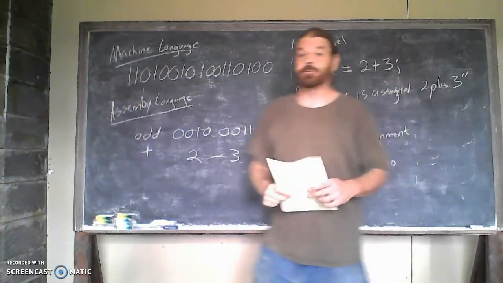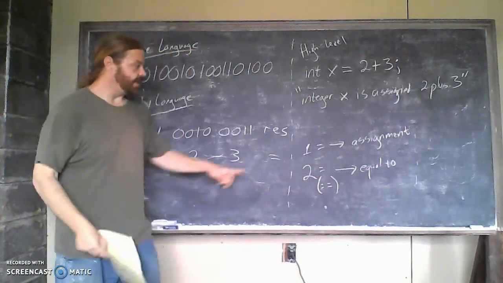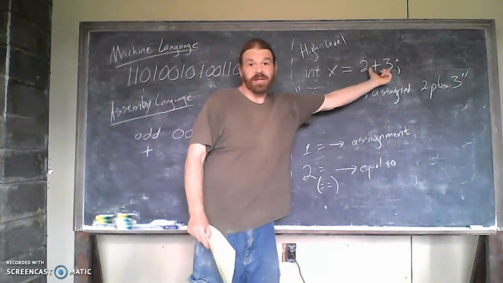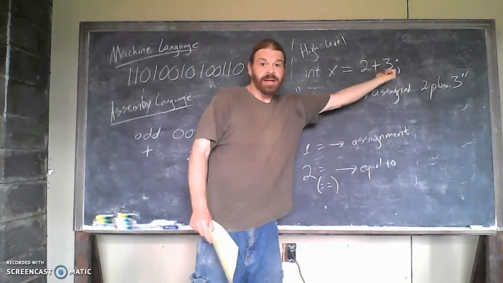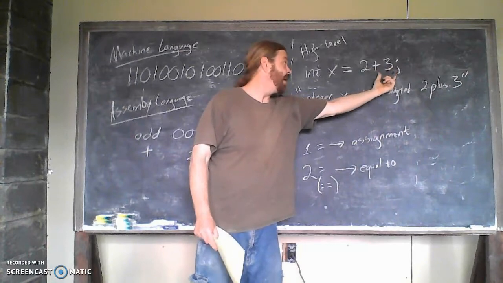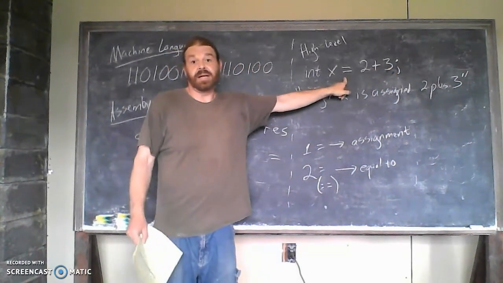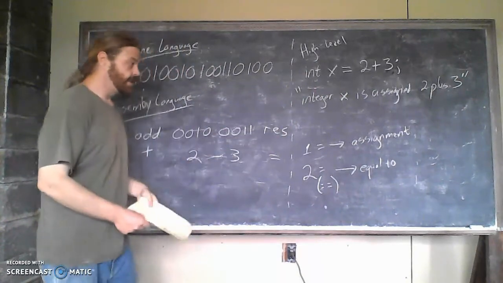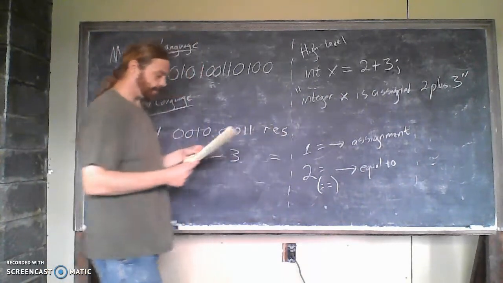So that's how we would actually read that statement. And that's kind of a key point. 1 equal sign means assignment. So take 2, add 3, whatever value that gives, assign it or store it in x, which is going to be an integer. So we read it that way.